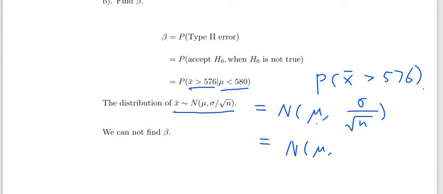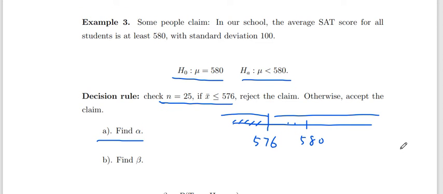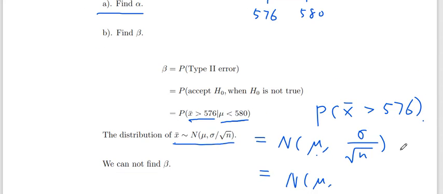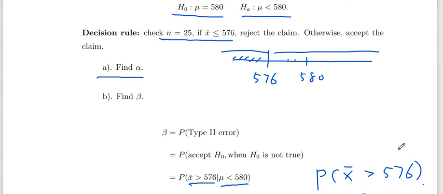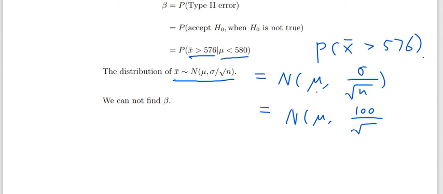Even though we know sigma, let's say sigma is 100, and we know n, like a sample size of 25, for mu we only know it is less than 580.